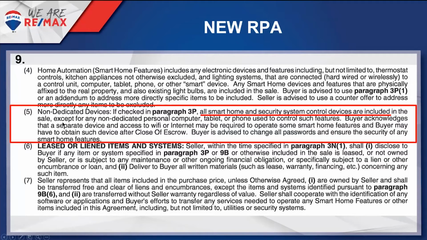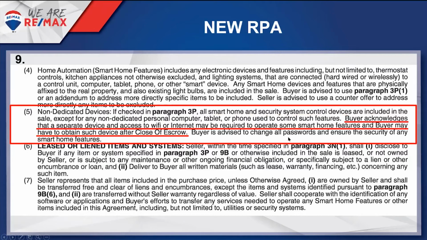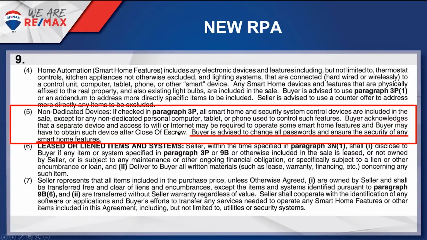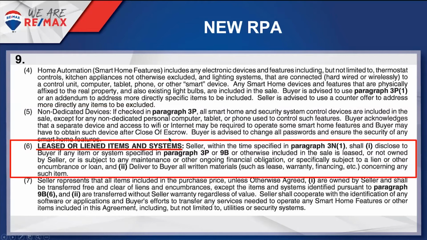So if it's a non-dedicated device, they are not included, even though they're used to control the device. The buyer acknowledges that a separate device and access to Wi-Fi or internet may be required to operate some of these features. And so the buyer would have to obtain one of their own devices after close of escrow. And of course, the buyer should change passwords on any device they do get with the purchase.